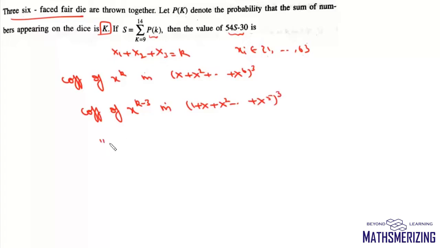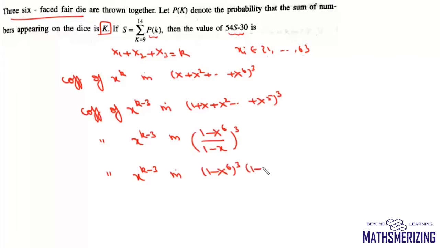Or we can write the coefficient of x to the power k minus 3 in the expansion of 1 minus x to the power 6 upon 1 minus x whole cube, which is the coefficient of x to the power k minus 3 in 1 minus x to the power 6 to the power 3 into 1 minus x to the power minus 3.